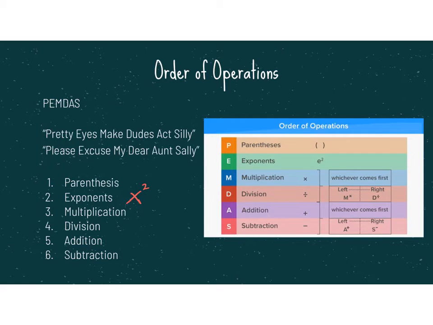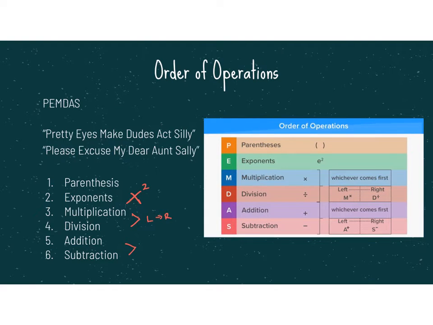Okay, then multiplication and division come next. But these two are going to go from left to right, just as if you were reading a book. Multiplication doesn't always have to come first, but multiplication and division come before addition and subtraction. Same with addition and subtraction.